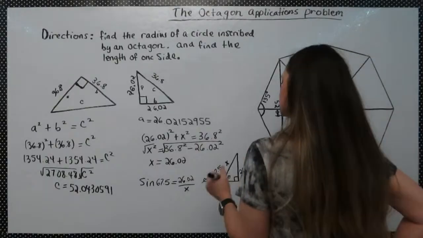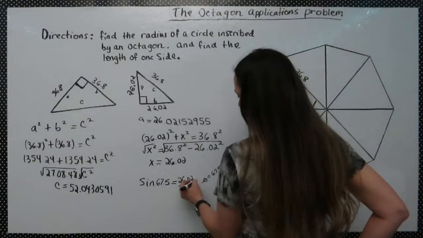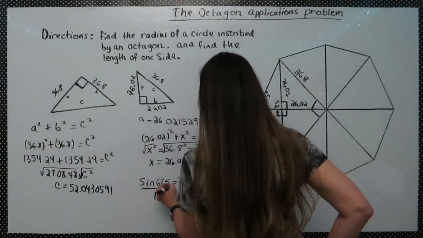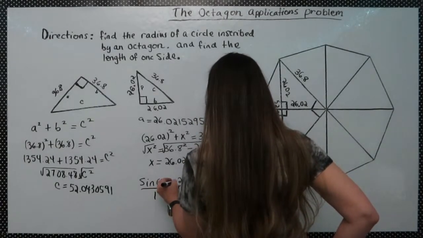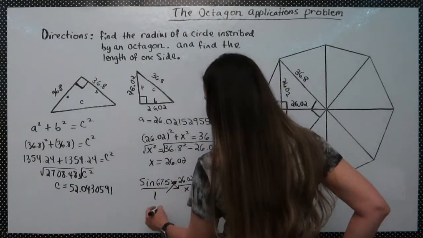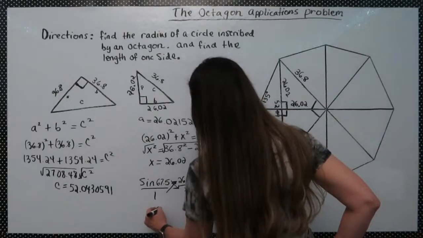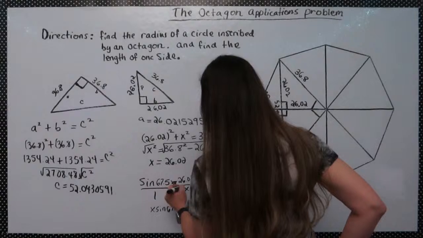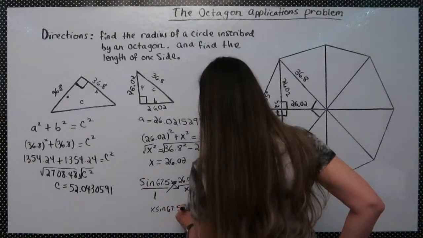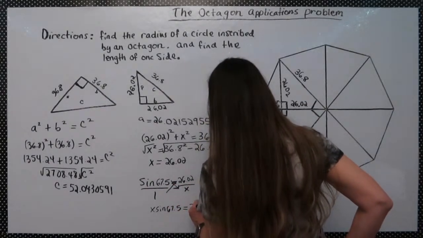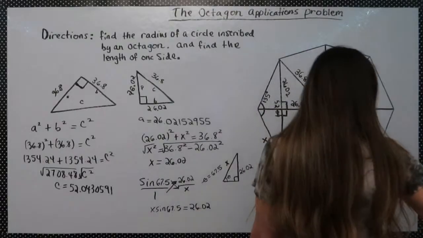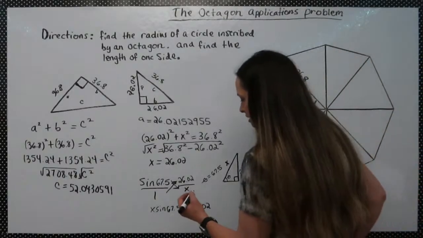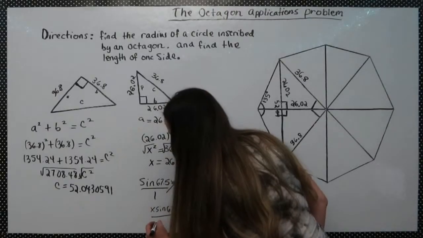All right, and so then we've got this set up, so now we just have to solve for x. And you could set up a proportion and cross multiply that way. So that's going to give you x sine 67.5 equals 26.02. And then to solve for x, we're just going to divide off that sine 67.5.